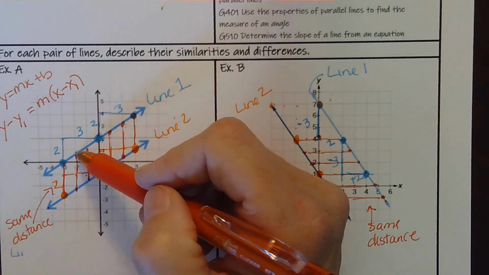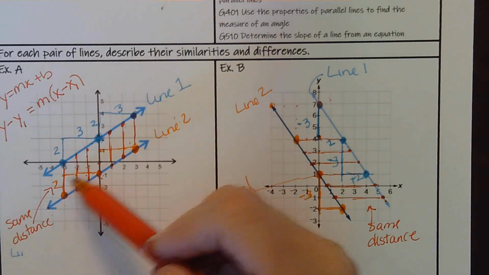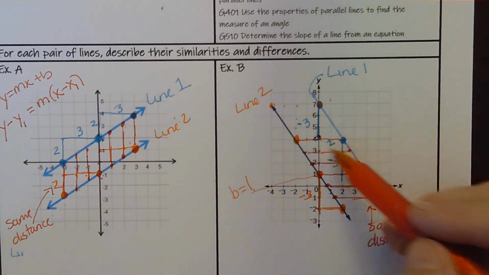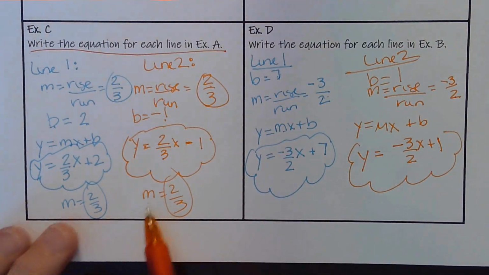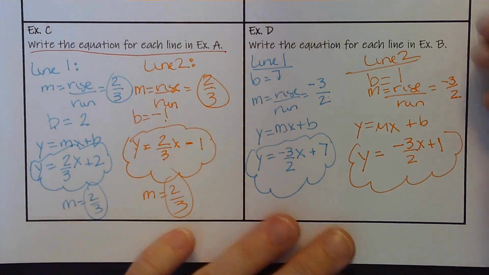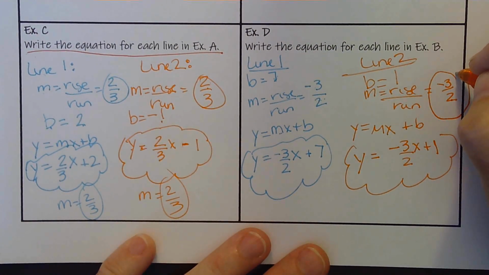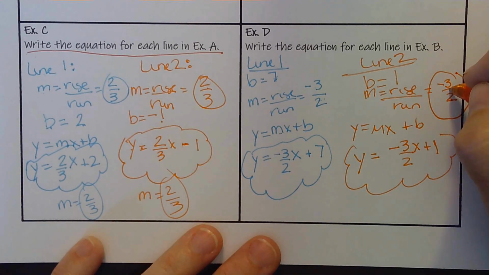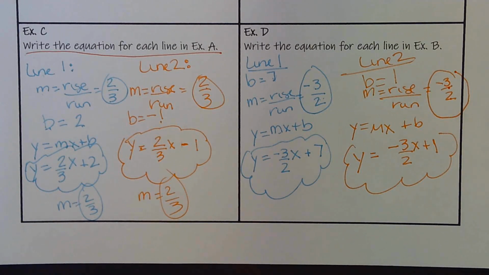The distance here between the points is the same, same here. Let's look at their equations. So what do you notice about their equations? What do these have in common? The slope on this graph is -3/2, and the slope of line 1 is also -3/2.